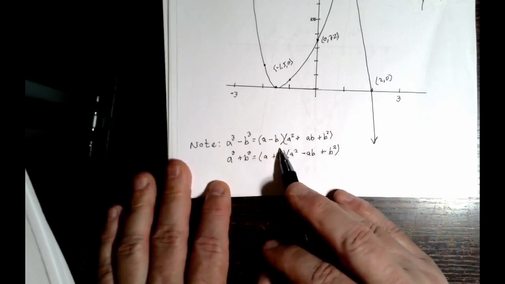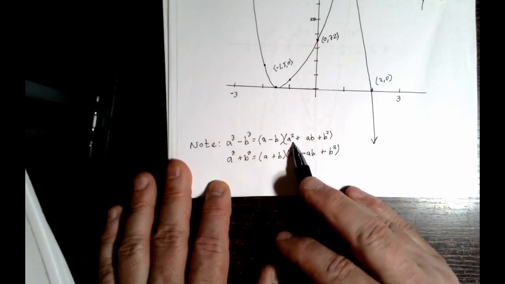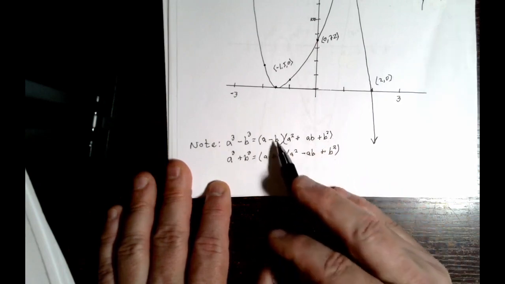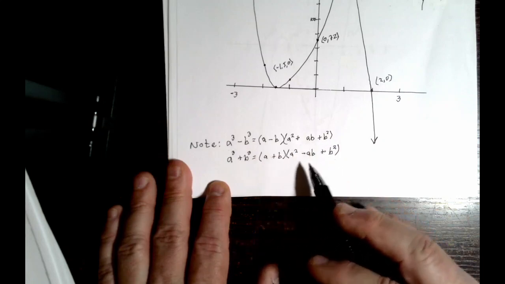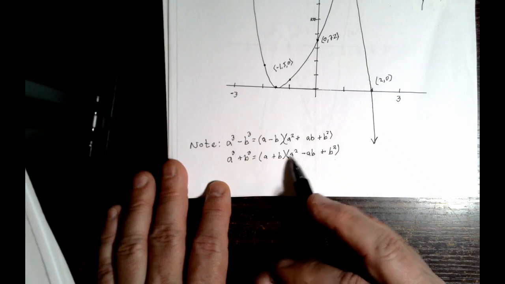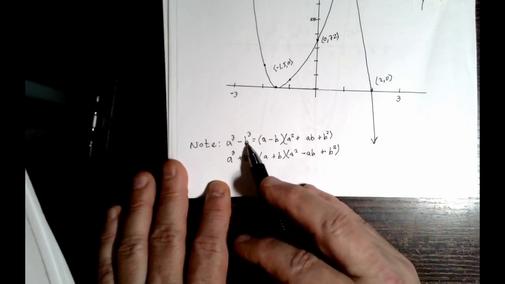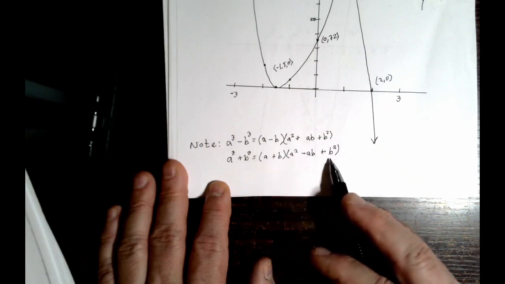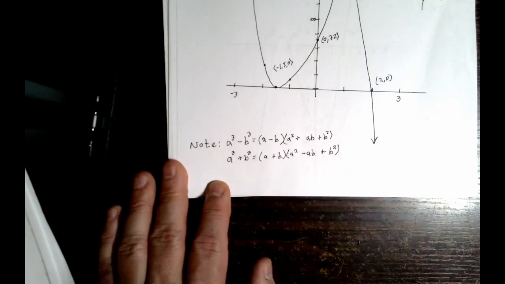It's always a, b, a squared, ab, b squared. The only thing you have to remember other than that is your signs. So minus is minus plus plus, and plus is plus minus plus. They all start with the same sign that they have on the left, but the plus alternates, and the minus just switches once.